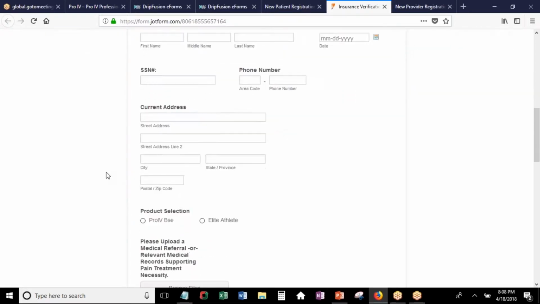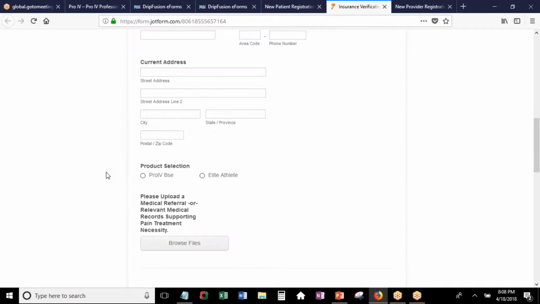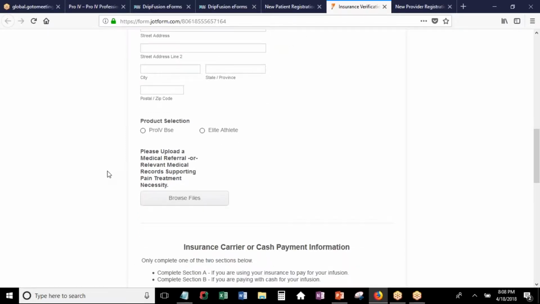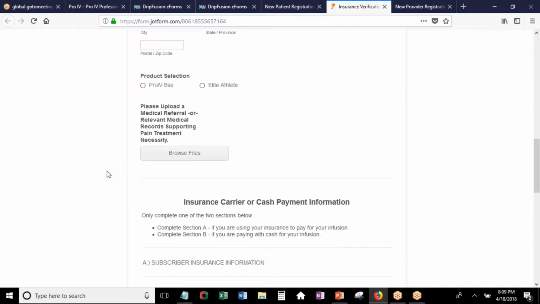We're going to go on and fill out their name, including their social security number. We're going to pick which they think they are interested in, the ProIV base or the elite athlete. That doesn't mean that that's what you have to choose as a provider to have them take. Then we're going to put in their insurance carrier information.